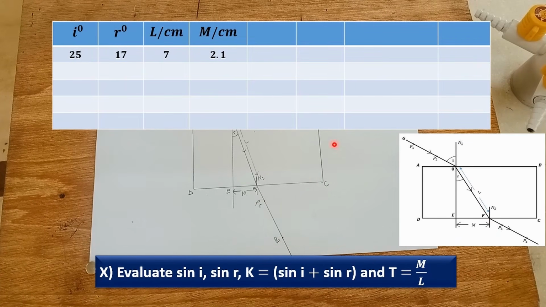So we have our angle of incidence I, which is 25 degrees, angle of refraction R, 17 degrees, and L is 7 centimeters, M is 2.1 centimeters.